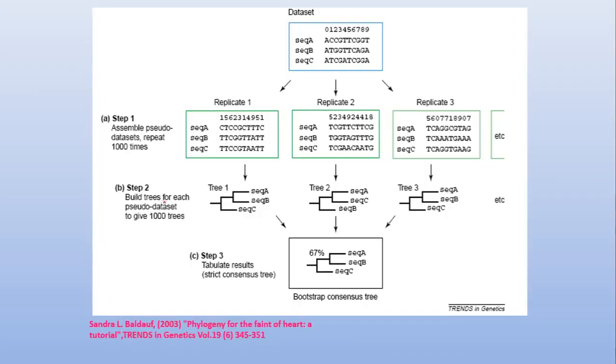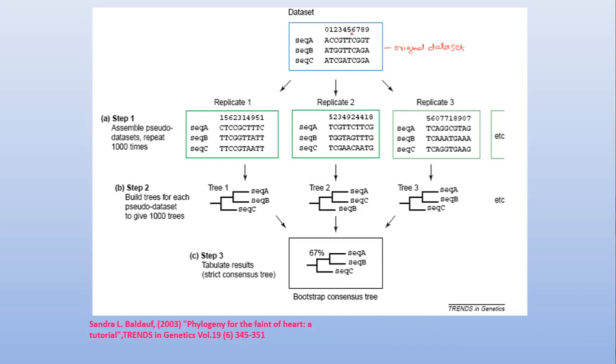Things would be more clear in this slide. When you begin with your multiple sequence alignment, this is your original data set. We would call each column by some number: 0th column, first column, second column, third column, and so forth.